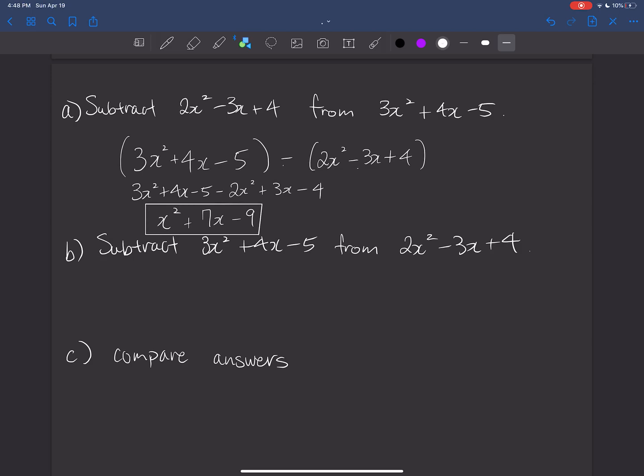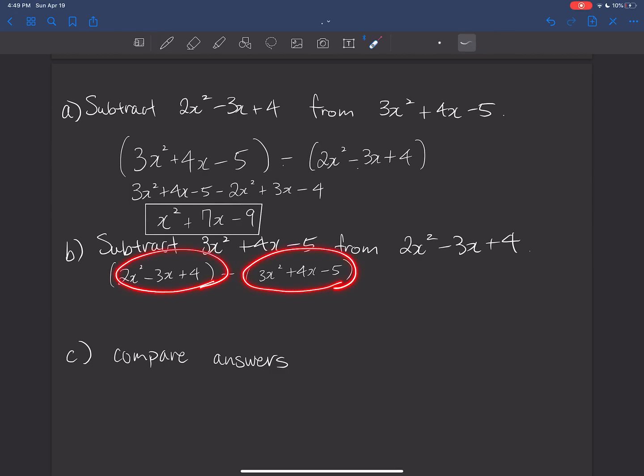And for B, I want to subtract the other way. Subtract 3x squared plus 4x minus 5 from 2x squared minus 3x plus 4. So this would look like 2x squared minus 3x plus 4 minus 3x squared plus 4x minus 5. So we're subtracting this bunch from this bunch.